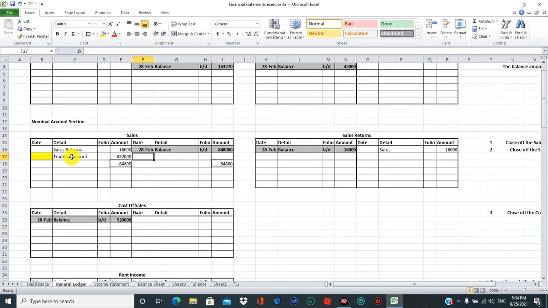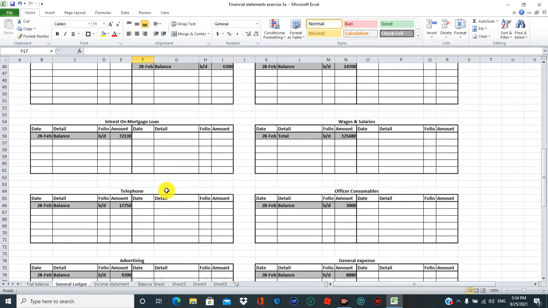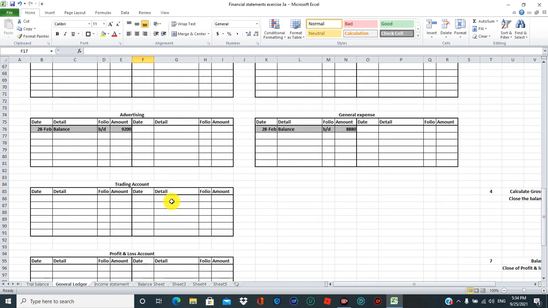See, the sales goes to the trading account. So trading account, there we go. That will be sales. Remember, you just work crisscross. You've got a debit balance, it moves to the credit side. You've got a credit balance, it goes to the debit side of whichever account you need to move it to. So that'll be 832,000. Okay, so that's your trading account.